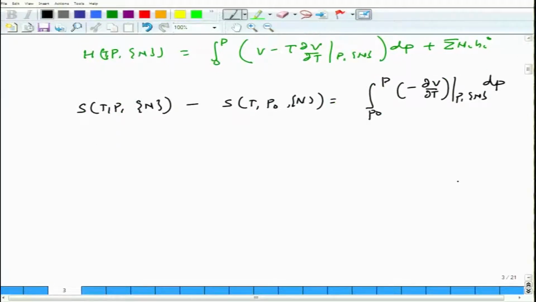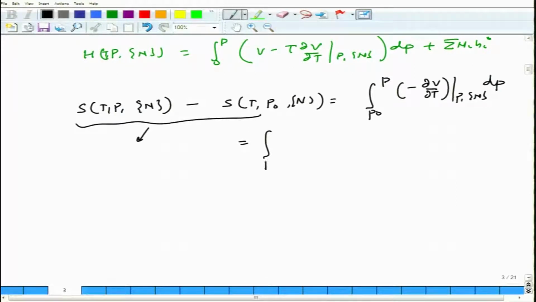Now, what we can further do is take this right hand side, and this expression comes here.